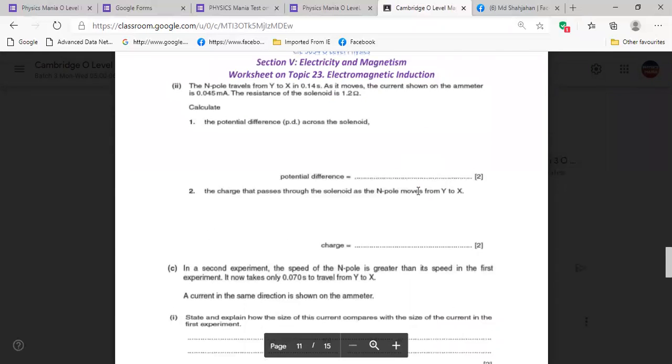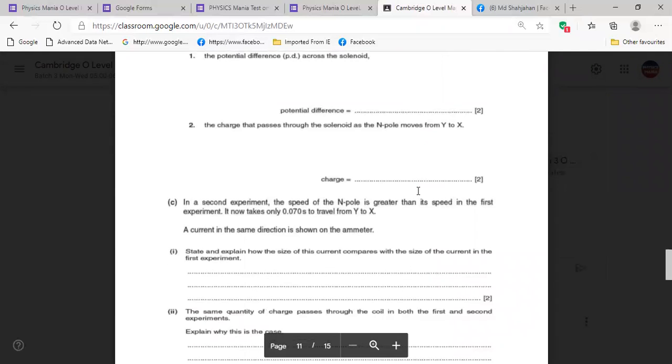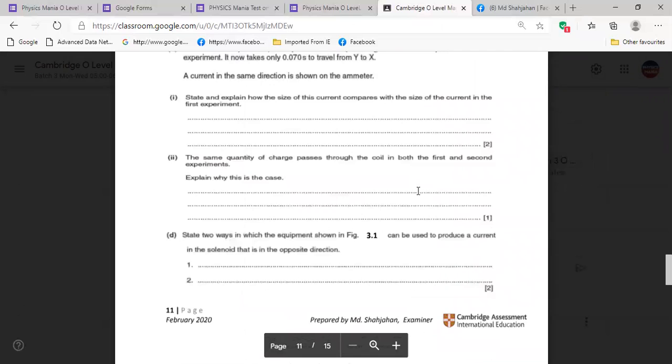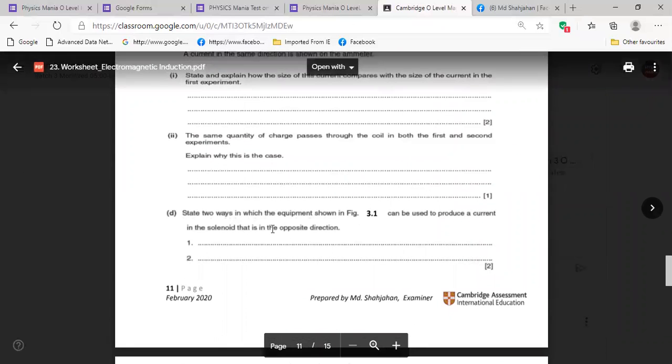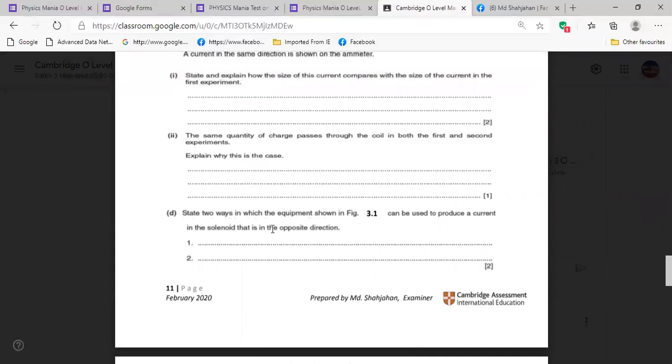Okay, so what should be the answer? You understand, right? So the first line, what you wrote?